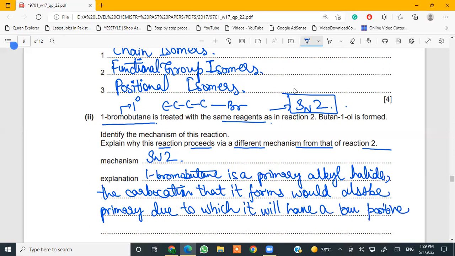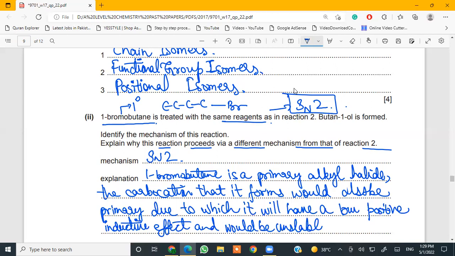Positive inductive effect is the key term, and you have to actually write down this point whenever you are explaining the carbocation stabilities concept, okay? Because this is the key term which almost always has marks, okay? It will also be primary, due to which it will have a low positive inductive effect and would be unstable.